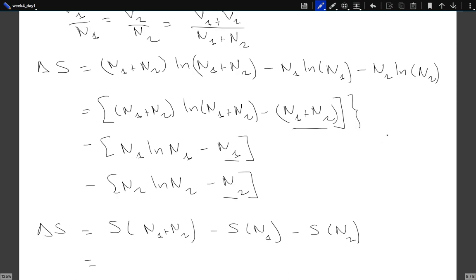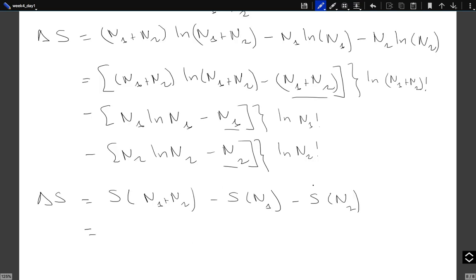you see, if you look at this combination, this is nothing but the logarithm of N1 plus N2 factorial. This combination is logarithm of N1 factorial. This is logarithm of N2 factorial by Stirling's approximation. So this is equal to logarithm of N1 plus N2 factorial minus logarithm of N1 factorial minus logarithm of N2 factorial.